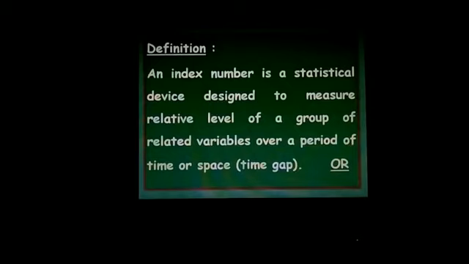For example, a notebook may cost 20 rupees now, in the year 2020. Earlier in 2015, it may have cost 15 rupees. So over a time gap of 5 years, the change that has taken place is 5 rupees per notebook.